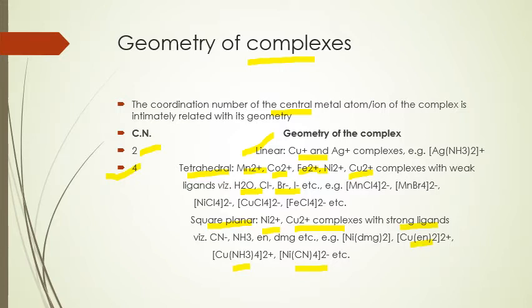So according to the strength of the ligand, whether they are weak or strong, we will talk about this strength of the ligand later in coordination chemistry, but here you have to remember that certain first transition elements like manganese, cobalt, iron, nickel form complexes with the weak ligands which have the tetrahedral geometry, and with the strong ligands it is the square planar.